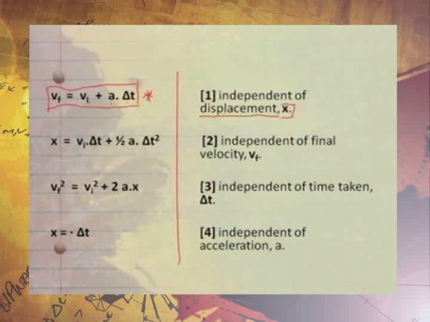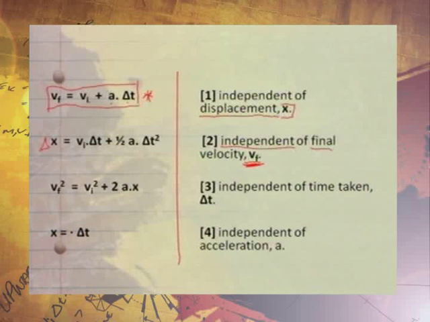The next one, delta x, and this is obviously if we're talking about motion along the horizontal plane. Delta x is given by V initial delta t plus half A delta t squared. Now, this equation here is independent of final velocity. You don't have to have final velocity to know the displacement covered by this object.